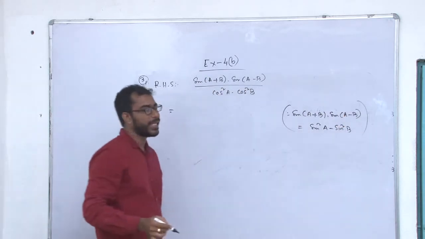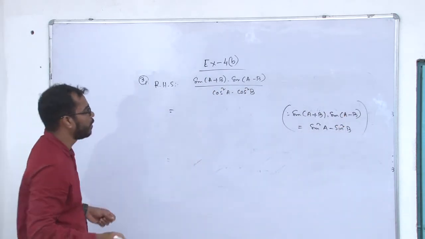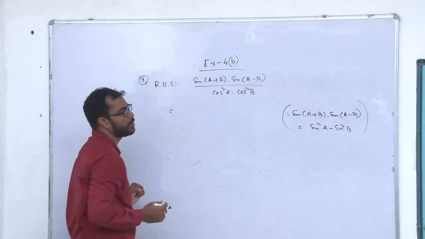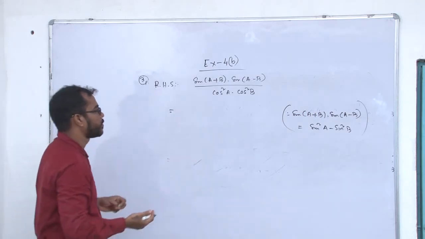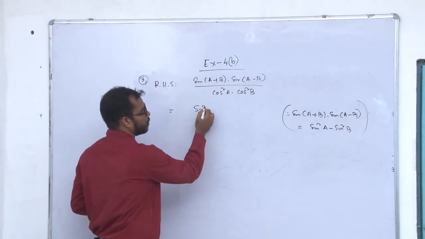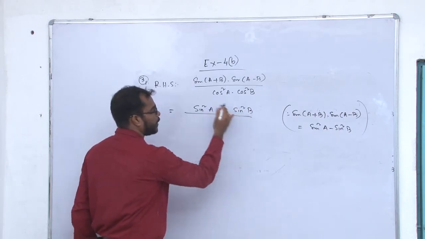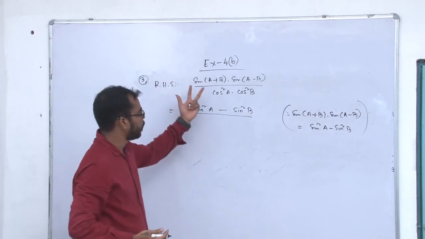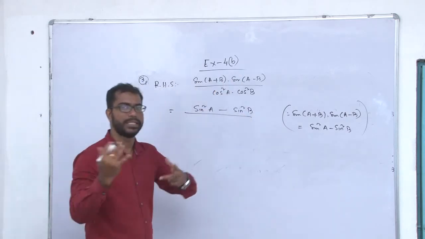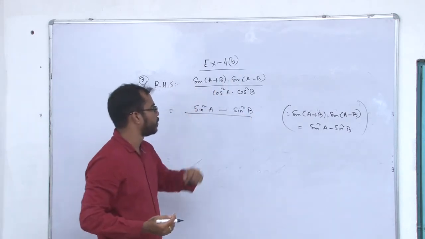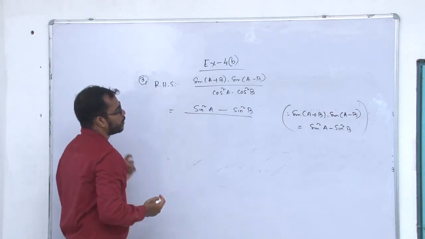So we can apply this formula. Or you can write the formulas of sin(a plus b) and sin(a minus b), then multiply, then you get the result. This also works.